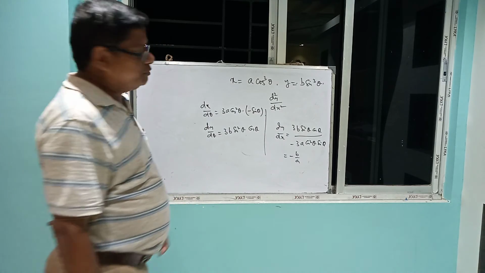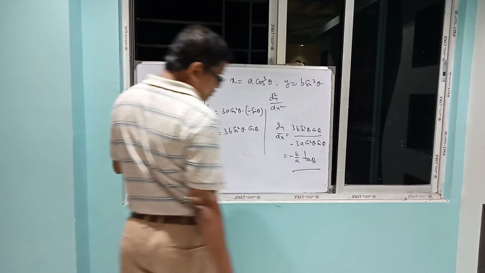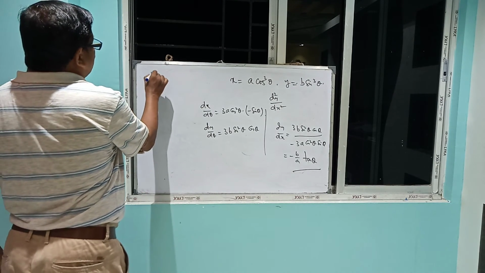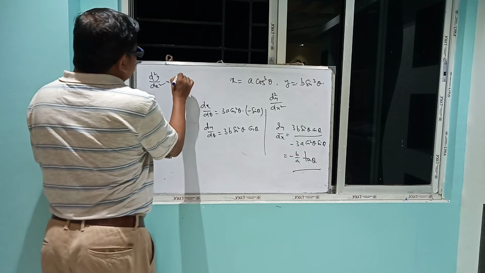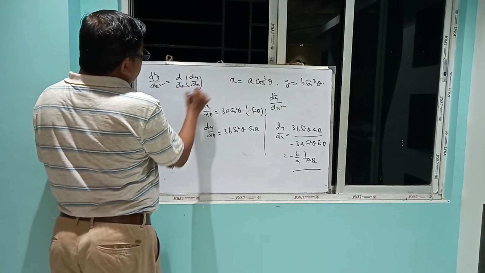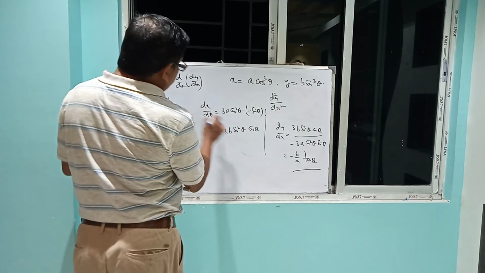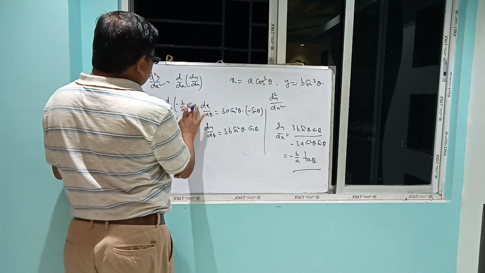Sin by cos means tan theta. Now d2y/dx2, so write d/dx of dy/dx, which is d/dx of minus b by a tan theta.